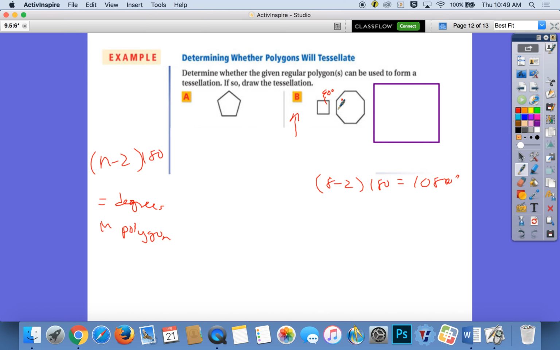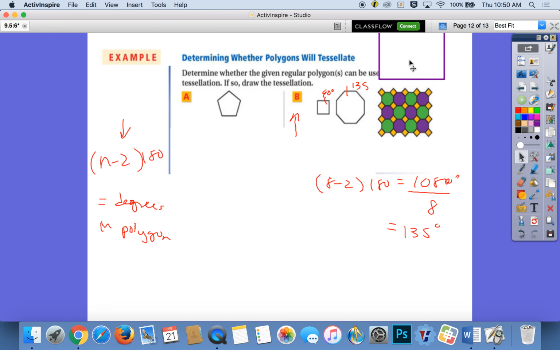Now, this whole thing has 1,080 degrees. 1, 2, 3, 4, 5, 6, 7, 8. I have 8 angles, so I'm going to divide that by 8. That means each angle is going to be 135 degrees. So this angle right here and all the other angles are 135 degrees. Again, remember this guy right here. Now I wonder if I start putting these together, this is what it looks like.